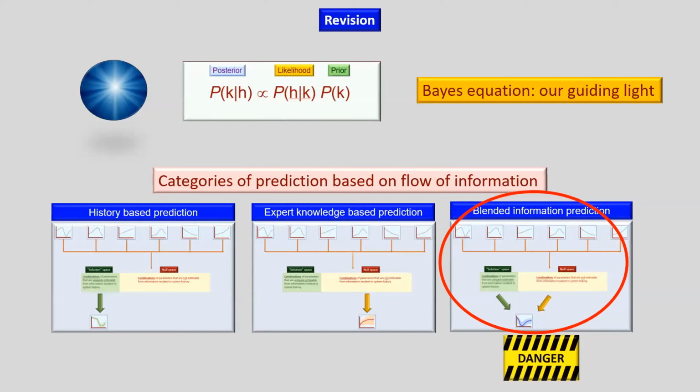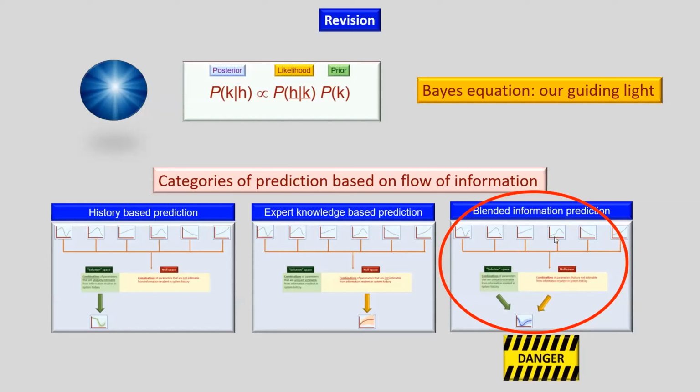We said that taking that concept of flow of information, we can define 3 categories of predictions. Those here on the left, where predictions are pretty much totally informed by the historical behaviour of the system. In the middle, sometimes we have to make predictions for which the historical behaviour of the system sheds very little light on what the prediction's going to be.